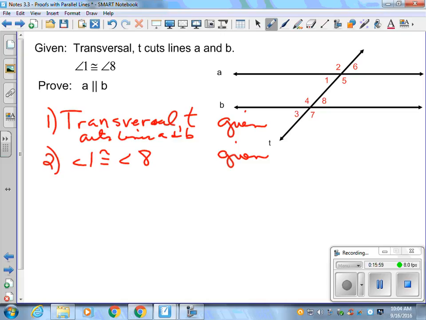Now, I'm comparing 1 and 8 in this statement. It sure would be nice if I could prove something about corresponding. 1 and 3 are corresponding, if 1 would be reused, right?